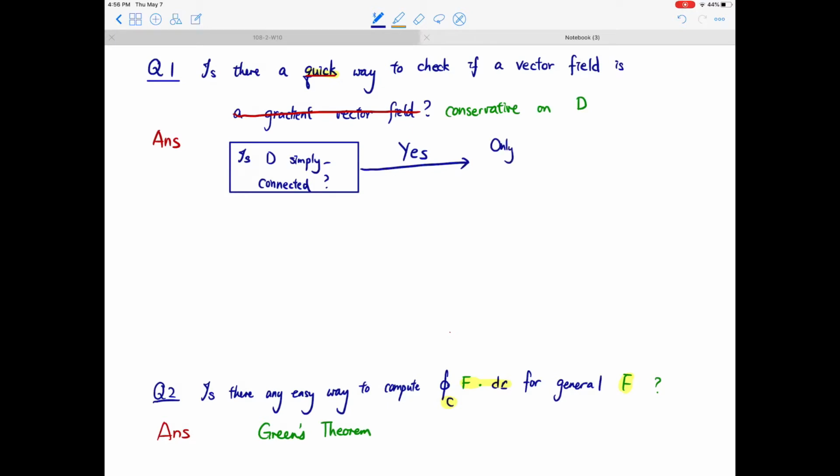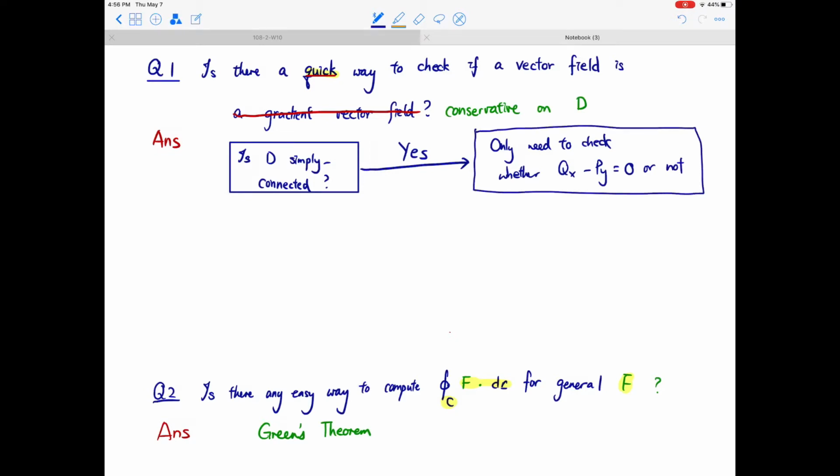So you only need to check whether Qx minus Py equals 0 or not. Okay? So when you have a simply connected region, then determining conservative field or not is super easy.